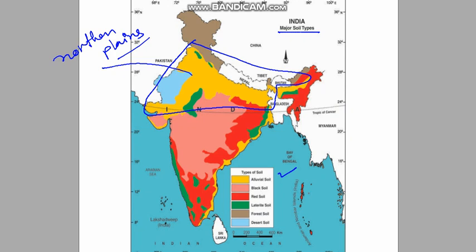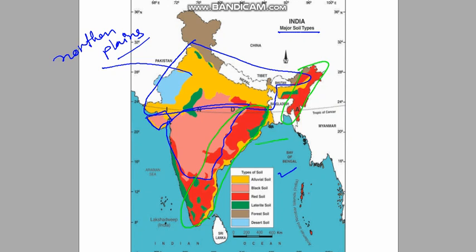Next is black soil. Now you can see black soil is available in a large portion, and it is also available in Gujarat. Black soil is very good for growing cotton. Third, red soil. Now red soil is concentrated mainly on the eastern side of India, you can see here, and this particular side.